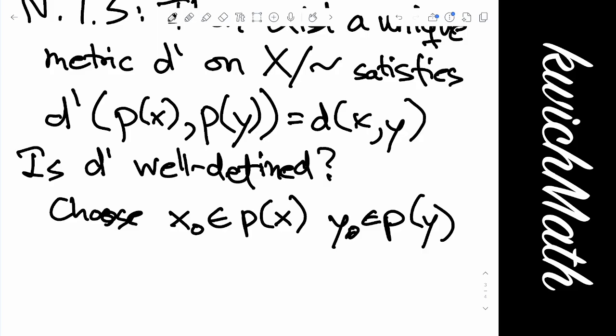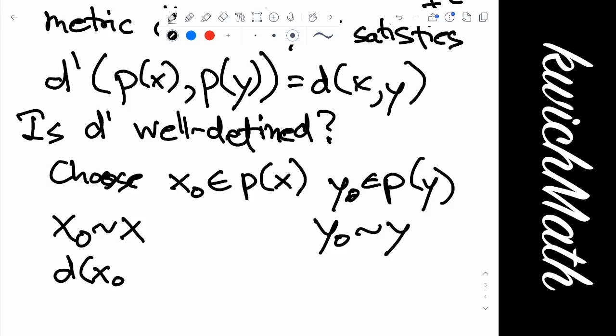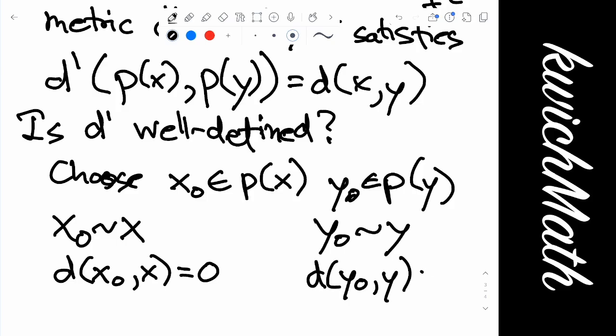So how can we show this? Well, if X0 is in the equivalence class containing X, that means that X0 is equivalent to X. Similarly, Y0 will be equivalent to Y. What does that mean? Well, it means that the distance between X0 and X is 0, and the distance between Y0 and Y is 0.